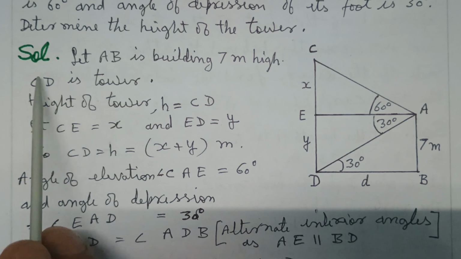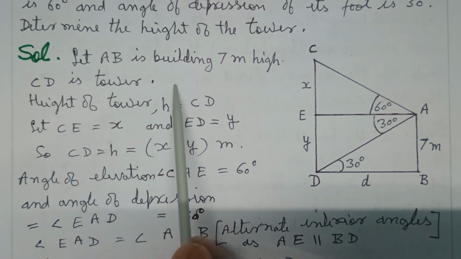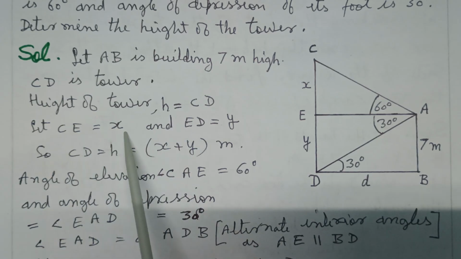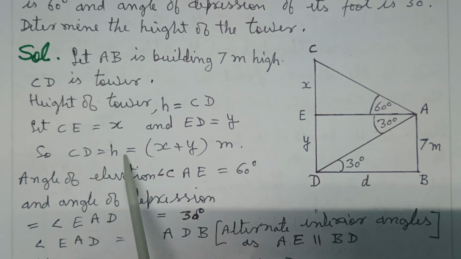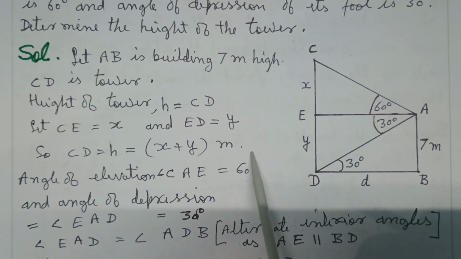So now solution. Let AB be the building 7 meter high, CD the tower, height of tower H is equal to CD. Let CE be equal to X and ED equal to Y. So CD is equal to H, height of the tower is equal to X plus Y meter.